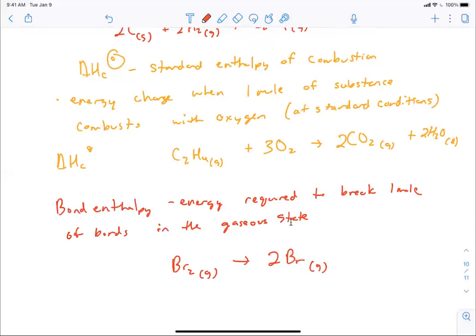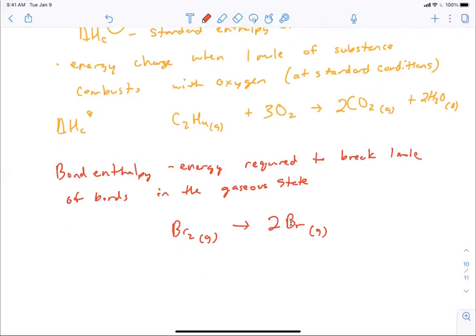Now, bond enthalpy is less accurate because A, there's average bond enthalpies, and B, some substances aren't naturally in gaseous state. For example, Br2. So the value that it takes to break that bond in gaseous state is muddled by this phase change and things like that. And so keep in mind, bond enthalpy is probably the least accurate of the enthalpy calculations because of those factors here. Okay.